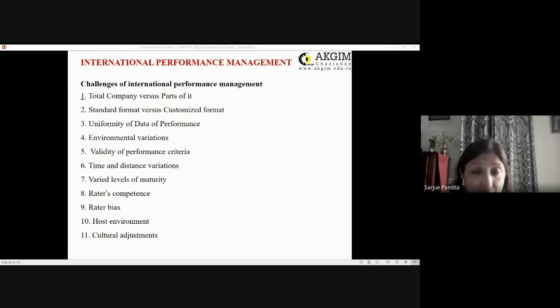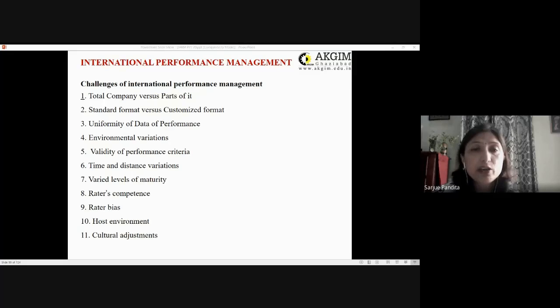So will it be fair to evaluate his performance on the same parameter? That becomes a challenge. So therefore you need to identify whether you need to follow a standard format or a customized format according to the country where you have sent your expat.